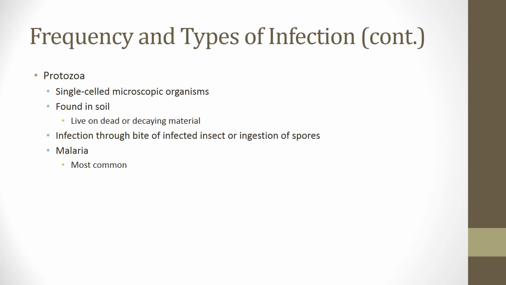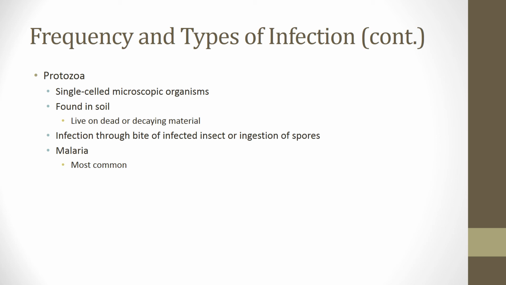Protozoal infections are caused by single-cell microscopic organisms, and they can be found in the soil, and they live in dead or decaying material. So ingestion of spores or infection can be caused by insect bites. Malaria can be spread by mosquitoes, and it's a protozoal infection, and of course it's the most prevalent protozoal infection worldwide.